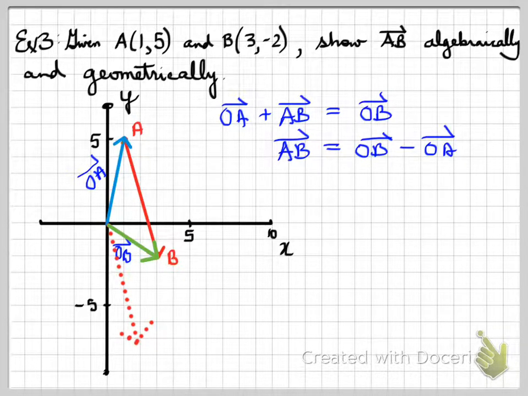So we take the OA vector, this one, and we bring it minus, going in this direction. That's right, and there is our vector OA, but it's going in the opposite direction of our original vector OA because we're doing minus OA. And that's how we would create this vector AB. So AB is equal to the combination of OB minus OA.